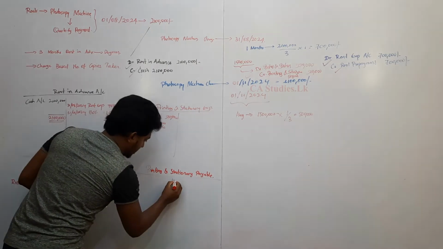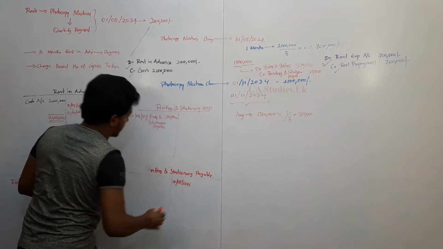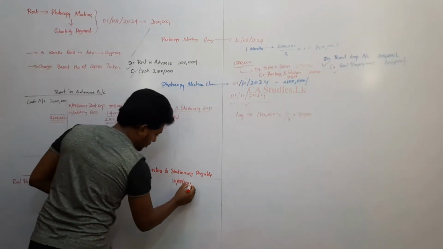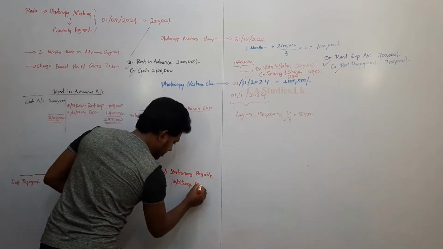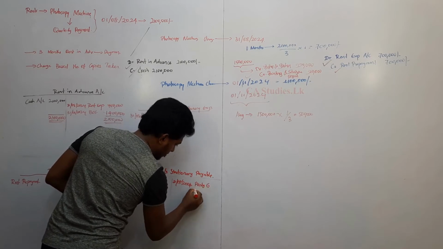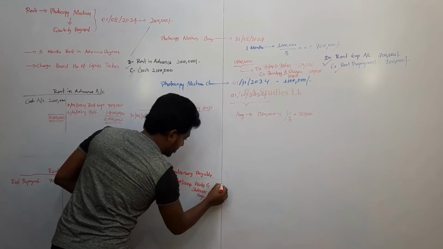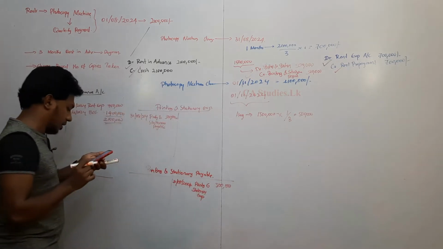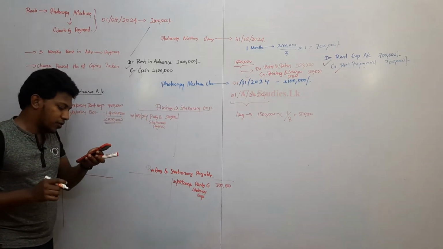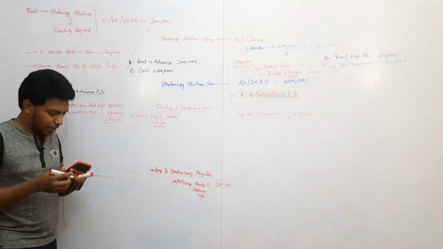Liability increases on 31st August 2024. Printing and stationery expense 500,000. So the question is asking to calculate the charge for photocopy expenses for the year 31st August 2024 and the prepayment and accrued charge.